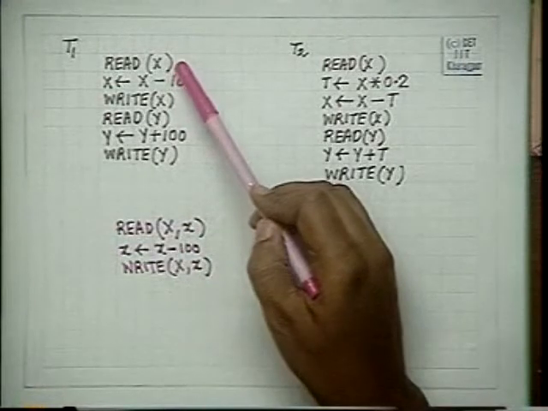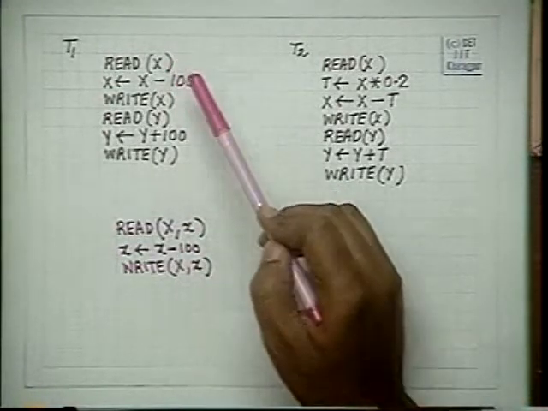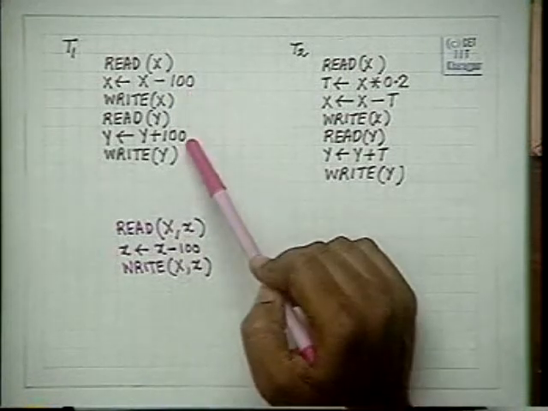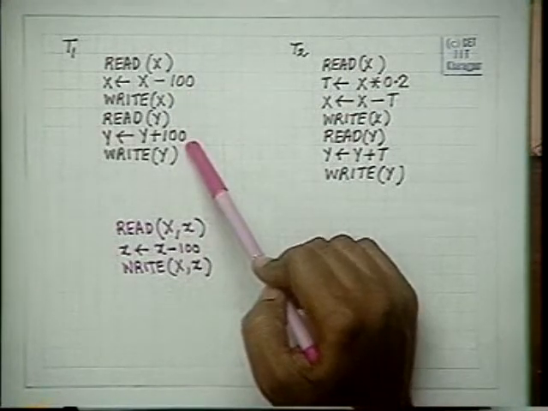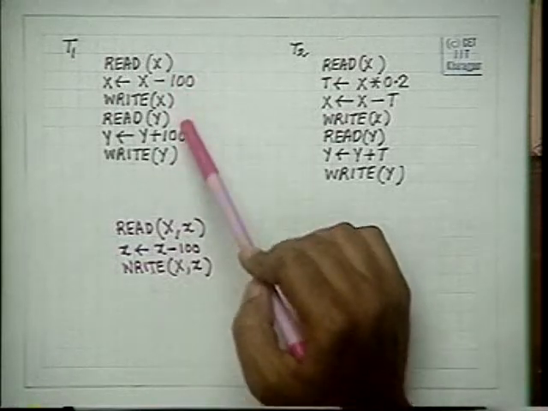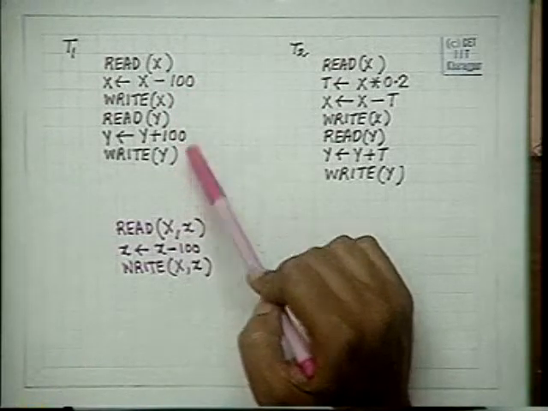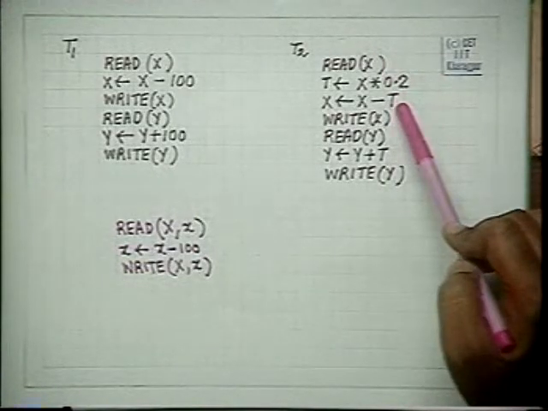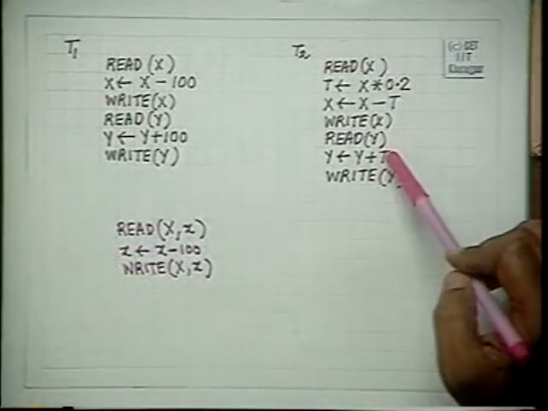So this is a transaction which deducts 100 from a particular variable and adds 100 to another variable and writes out these two values back into the disk. This deducts 20% from a particular variable and adds that amount to another variable.